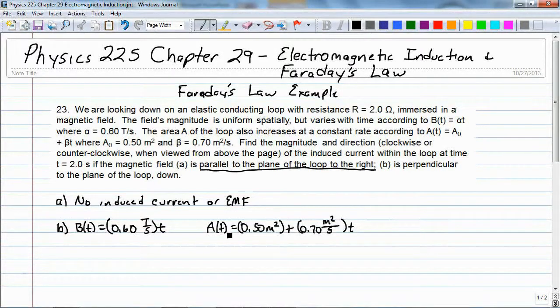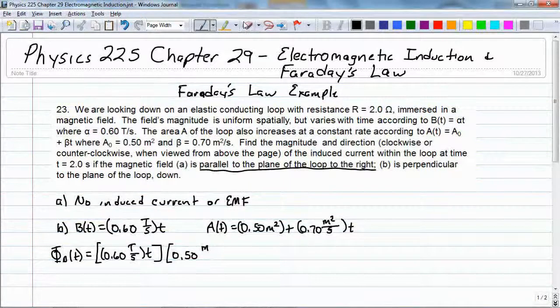And now I need to multiply those together to get the flux. This is a lot of writing.